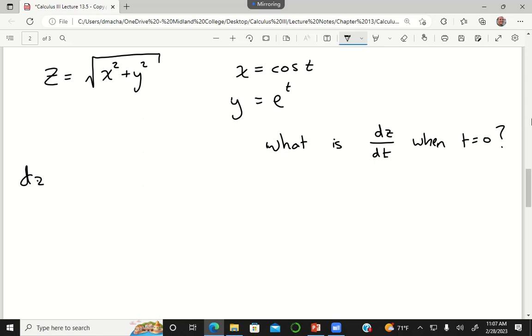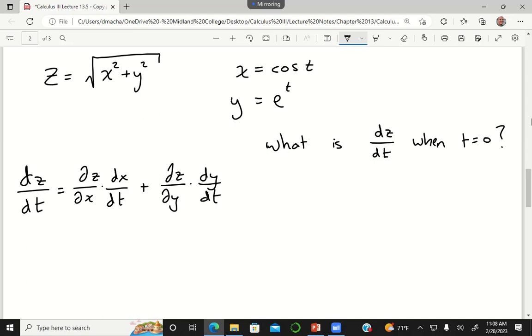So dz dt would be equal to partial z partial x times dx dt plus partial z partial y times dy dt. And we just have to find all four of those little derivatives and plug them into this equation.